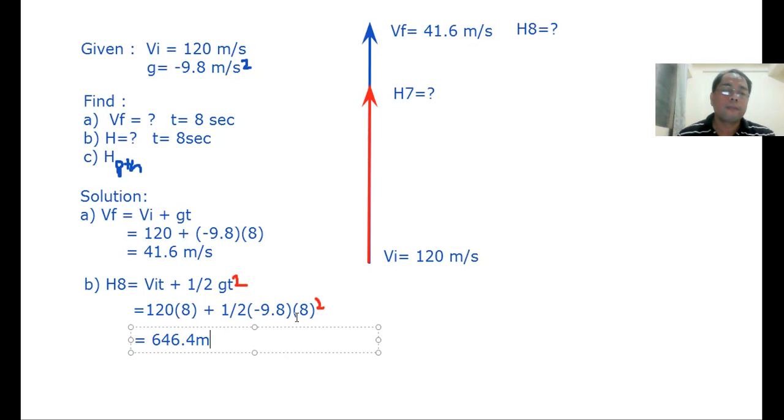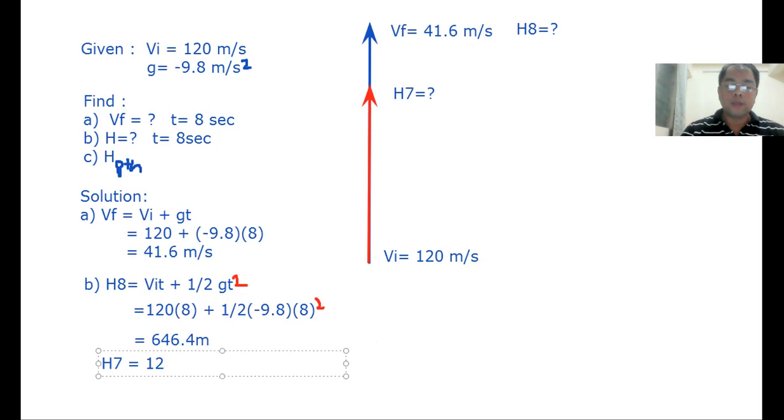Now, if we go to letter C, we need another value here, which is our h7. So for our h7, after 7 seconds, we have 120 times 7 seconds, plus 1 half of negative 9.8, multiplied by 7 seconds squared.